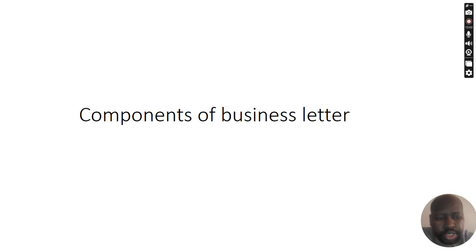Those are the information that you put there as a letterhead. In a letterhead, you group them together: the address plus the name of the business plus other information, especially contact information. If that information is there in a letter, we call it a letterhead. Now there are many ways of doing a letterhead.